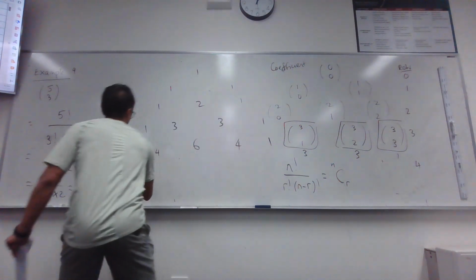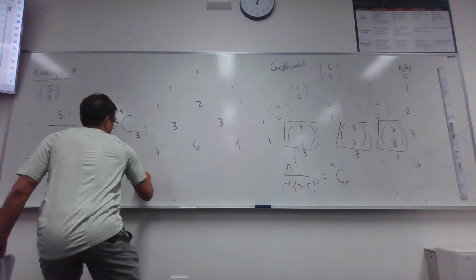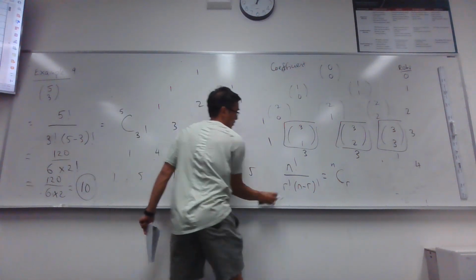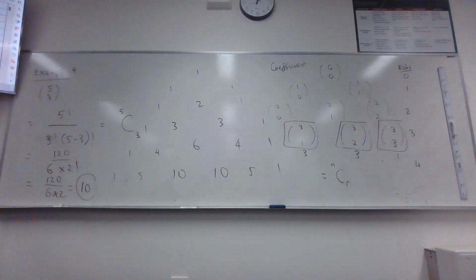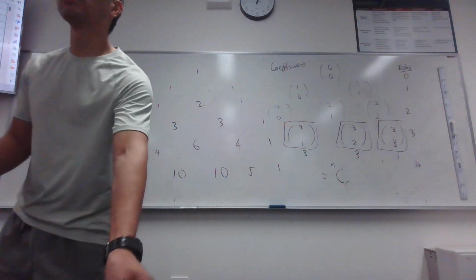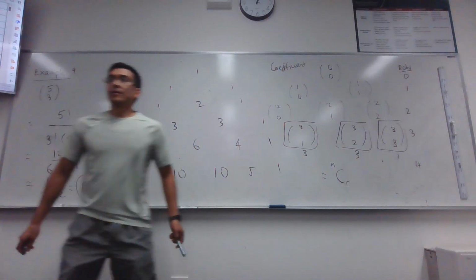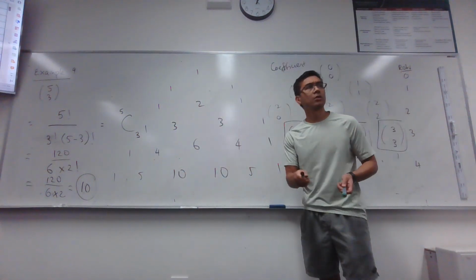I'm just saying 5 factorial minus 3 factorial and 3 factorial. If you wrote it out, 5 factorial would be 120 minus 6. Okay, look carefully. I'll help you out. It's not 5. It's 5 minus 3, yeah.